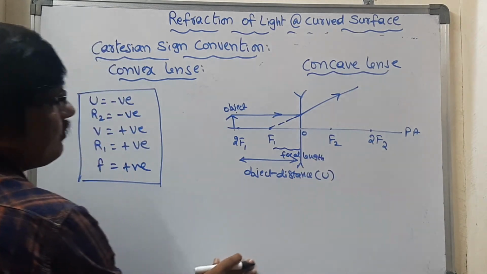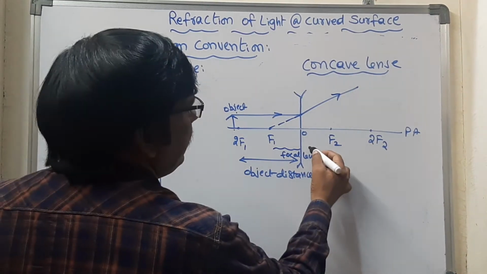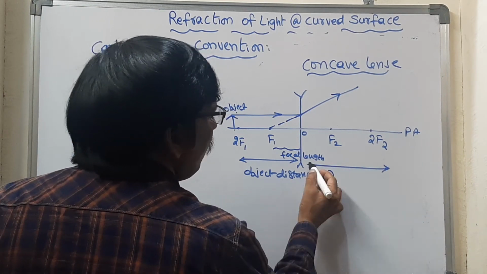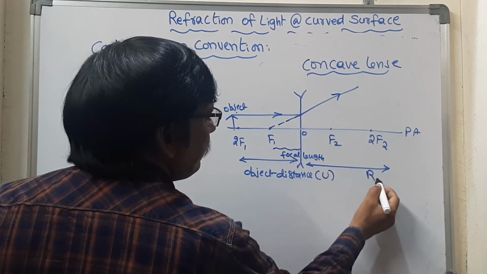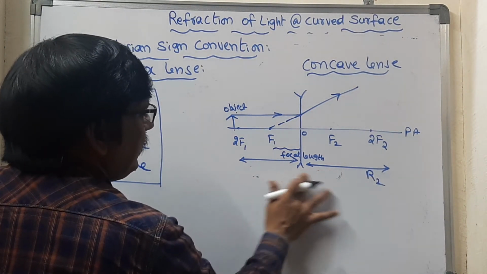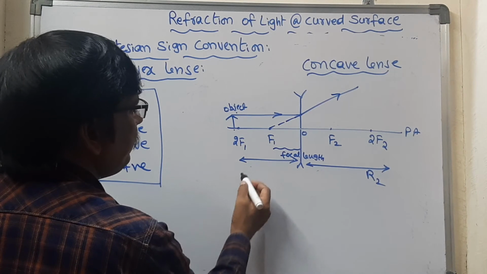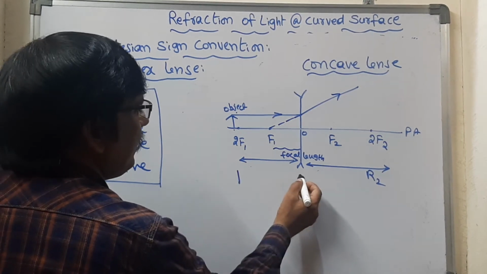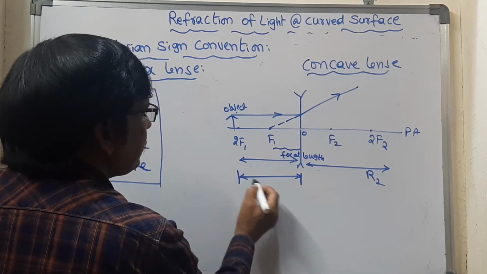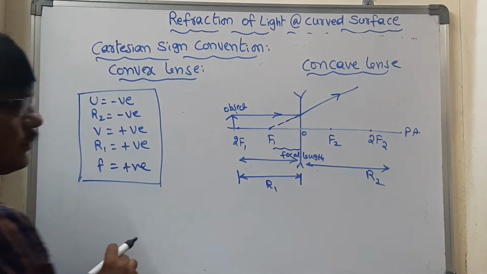One more: the distance between the optic center and F2 is the radius of curvature of the second sphere. And the distance between 2F1 and the optic center is the radius of curvature of the first sphere.